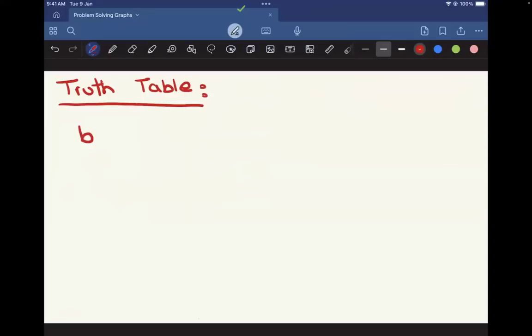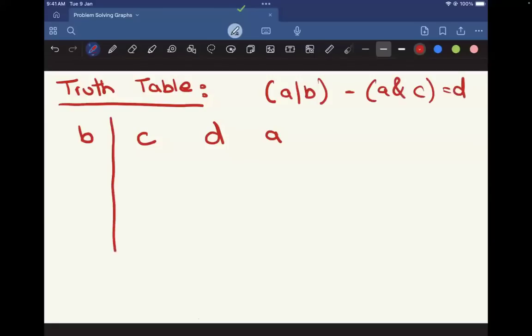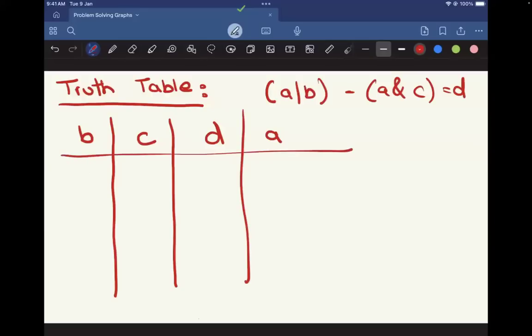So let's take the value of B, C, and D, and let's see what the value of A should have been for the equation (A or B) minus (A and C) is equal to D. So the values here are 0, 0, 0, 0, 0, 1, 0, 1, 0, 0, 1, 1, 1, 0, 0, 1, 0, 1, 1, 1, 0, and 1, 1, 1.